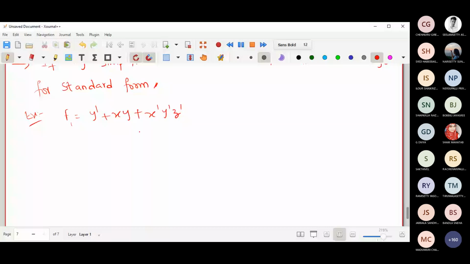Suppose f2 equal to x dot (y bar plus z) dot (x bar plus y plus z bar). By seeing these f1 and f2 functions, we can say those two functions are in standard form.